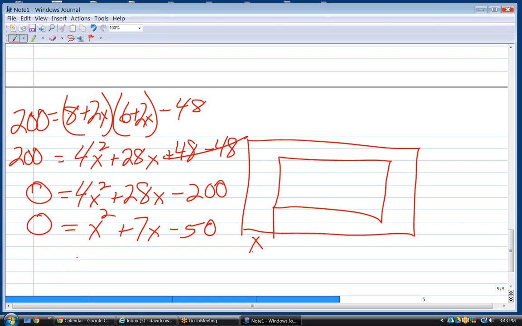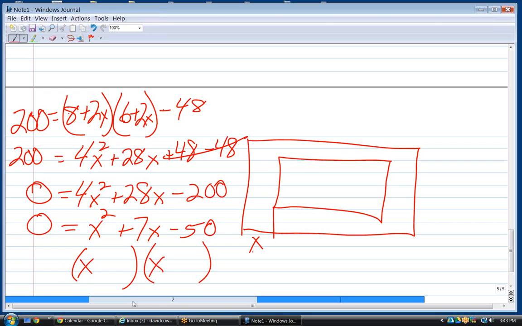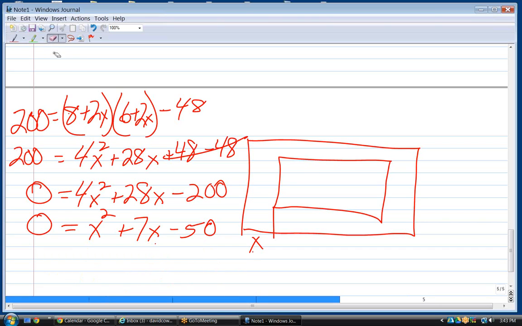And then, I don't think this factors nicely, does it? I don't think so. So you have to use the quadratic formula.